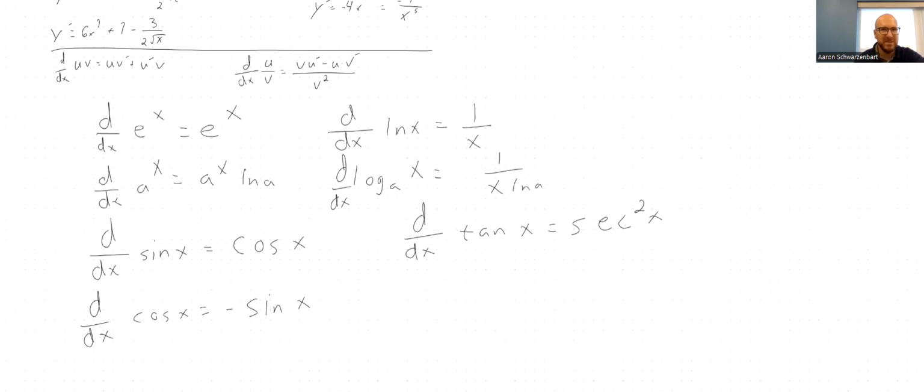Tangent is sine over cosine, correct? If you use the quotient rule with sine over cosine, you can get secant squared. And cotangent being cosine over sine, you get the same thing.